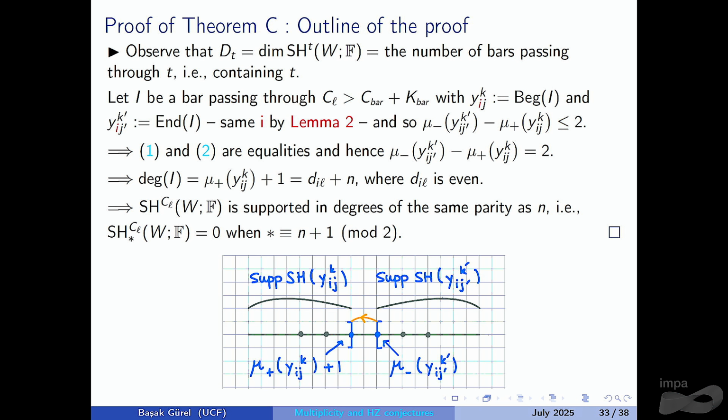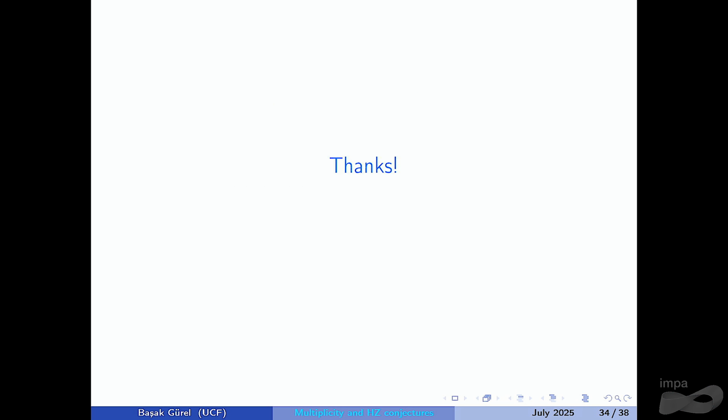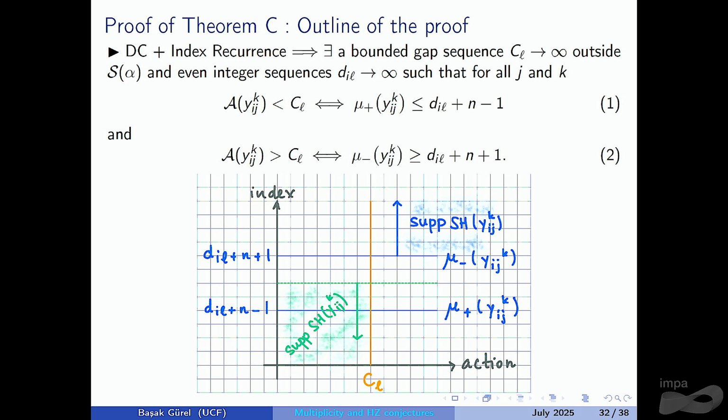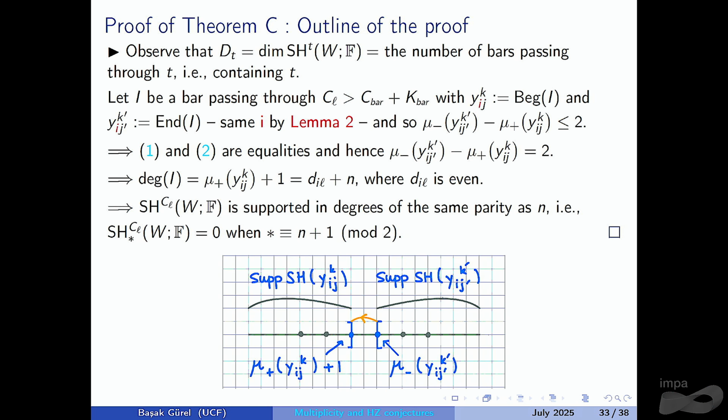And now what happens is that these guys in fact become equalities, by virtue of the fact that y_ijk and y_ij'k' are the beginning and end of a bar. So this difference is precisely 2.